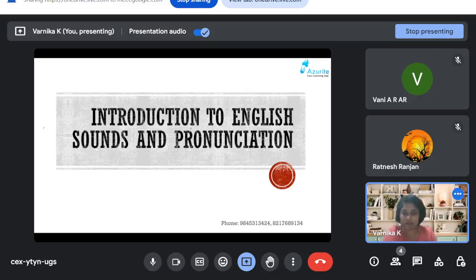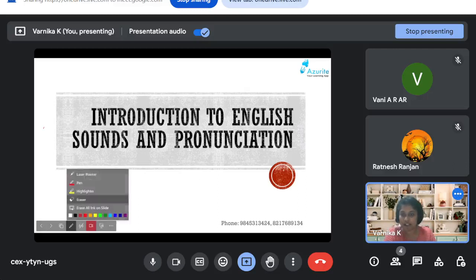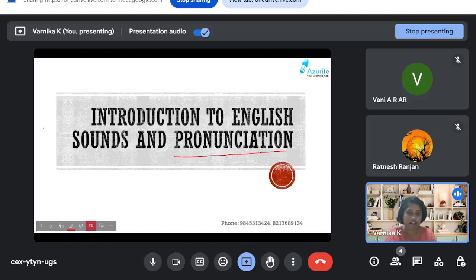So, firstly, to begin with, this word, when it's written like this, it's a noun. I'll talk about parts of speech tomorrow, but here this word is read as pronunciation. As a word, you're saying pronounce.